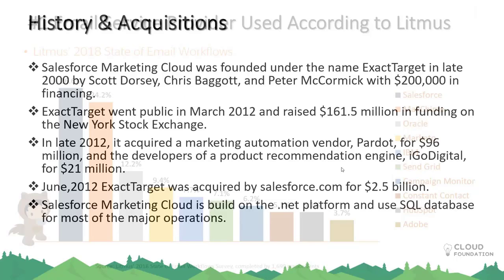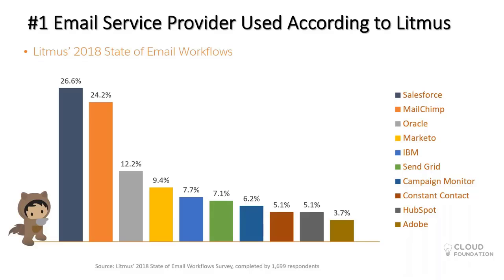So this is the Litmus 2018 State of Email Workflows. You can see Salesforce has 26.6% of the email services used worldwide, followed by MailChimp and other vendors like IBM, Oracle, and Marketo.